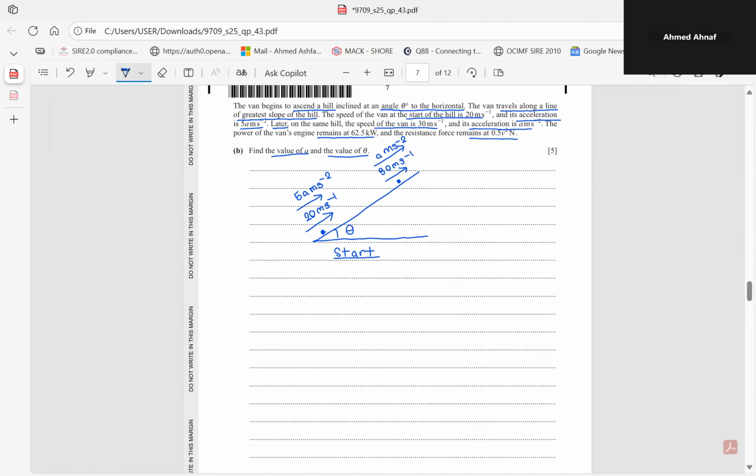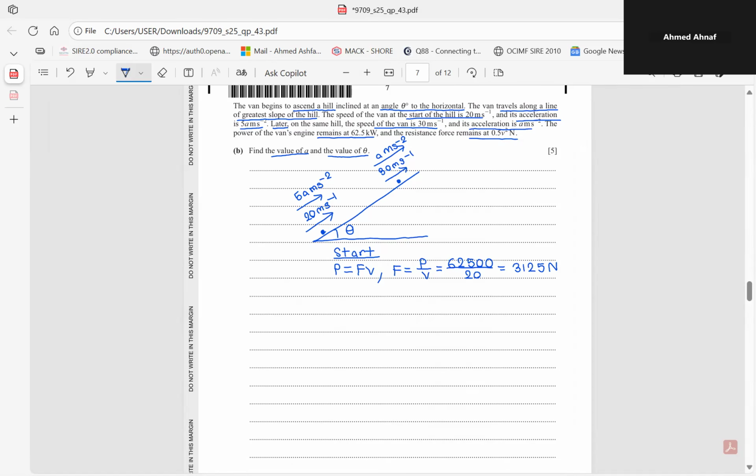So first, let's find the force exerted by the van's engine at that point. So we can use P equals FV, make F the subject. So that's F equals P over V. P is 62.5 kilowatts, so 62,500 divided by 20. So this one would be 3,125 newtons.